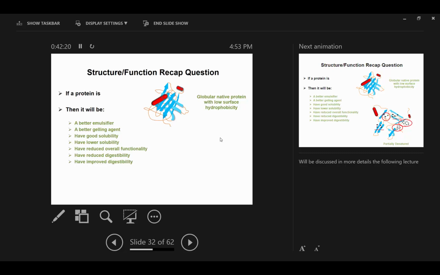Solubility would be good. It has good solubility. Anything else? Not really. Okay, so a good soluble protein.